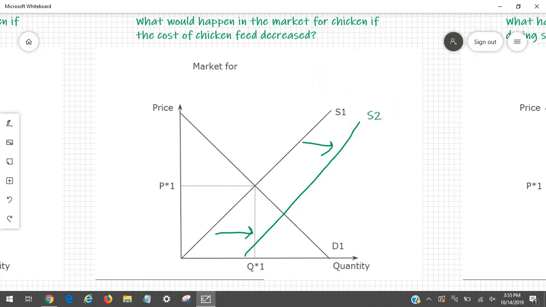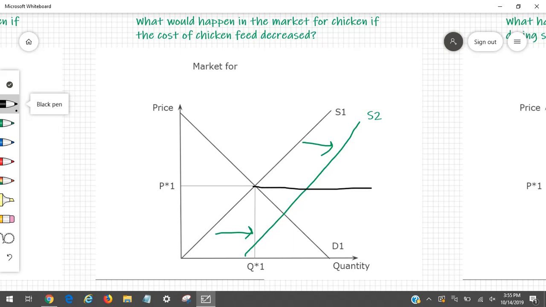The next step is to determine whether or not that shift causes a shortage or a surplus at the original equilibrium price. So I've got my original equilibrium price line. I'm going to need to extend it a little bit in this case. I'm going to just extend it over there.